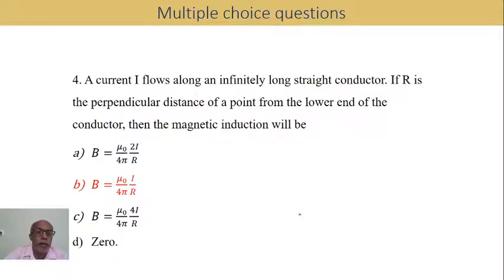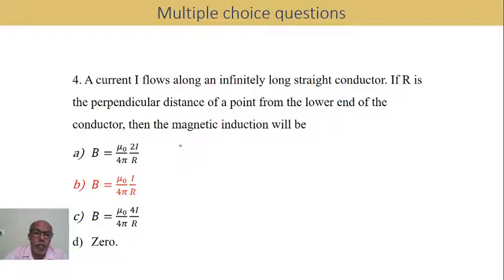Now, coming to the fourth question. A current I flows along an infinitely long straight conductor. If R is the perpendicular distance of a point from the lower end of the conductor, then the magnetic field induction is.